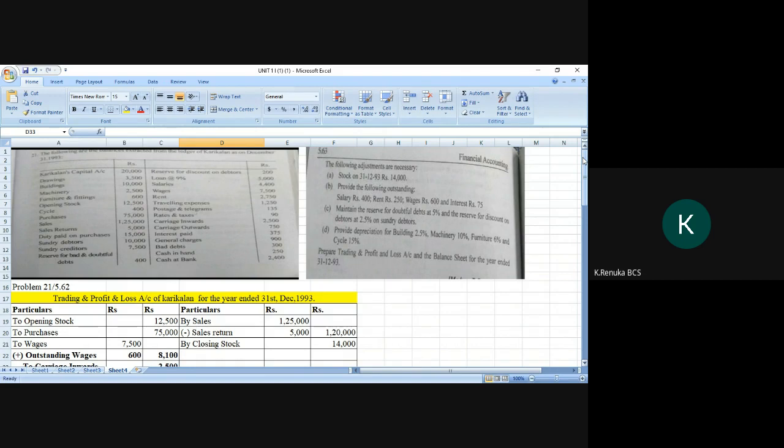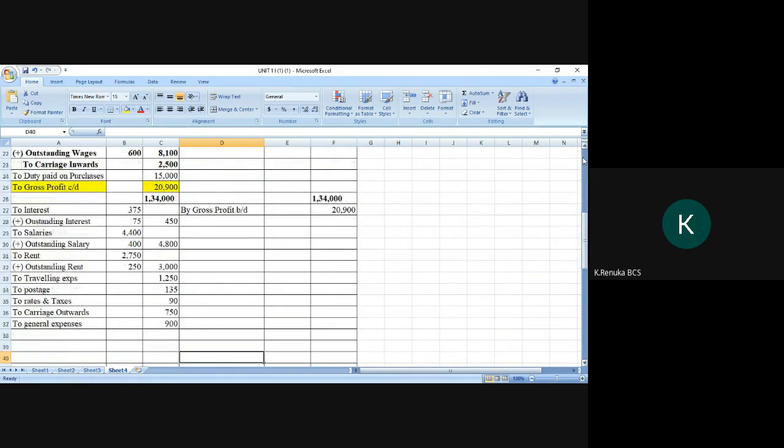They have asked you to create a reserve, discount on debtors, and 2.5 percent on sundry debtors. Next, you need to provide depreciation. All these expenses will take place in the profit and loss account. Now we are going to proceed with the provisions. First, bad debts, which have been given in the question.